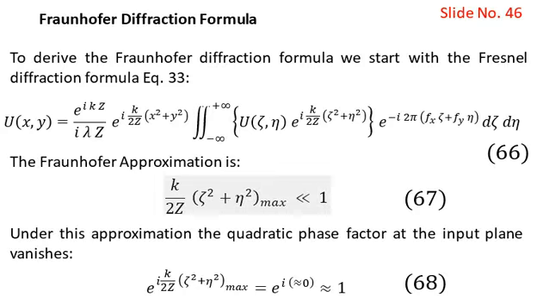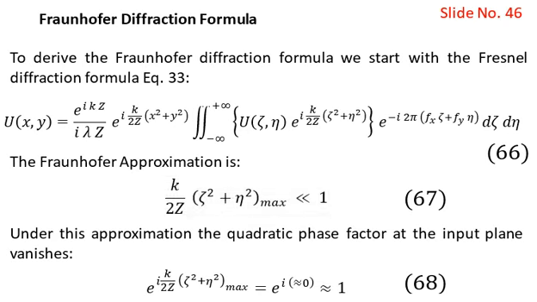Remember that zeta square plus eta square is actually the square of the distance from the origin to the point zeta and eta. If you apply the distance formula between the origin, which has coordinates 0 0, and the other point on that plane, zeta and eta, the square of that distance will be equal to zeta square plus eta square.